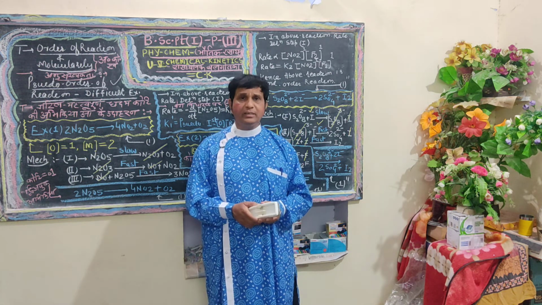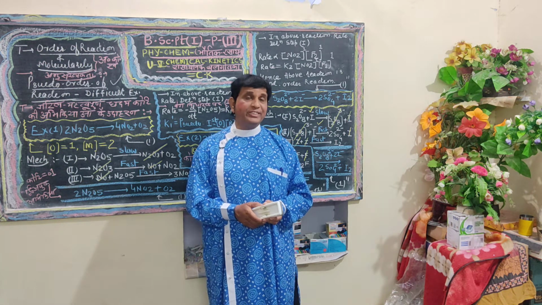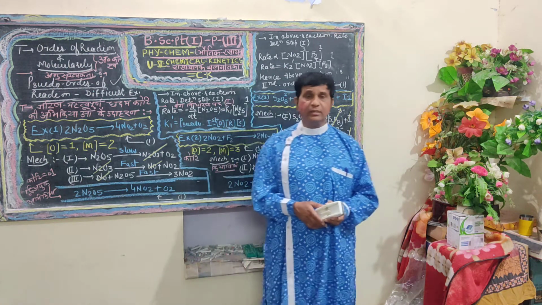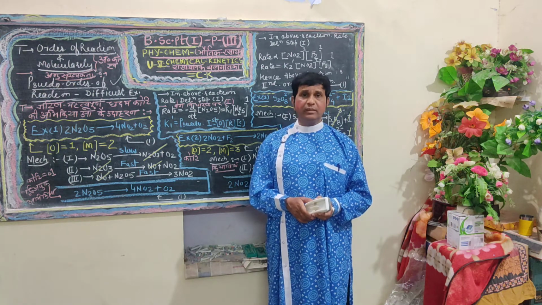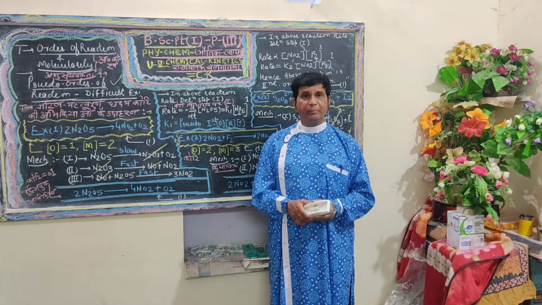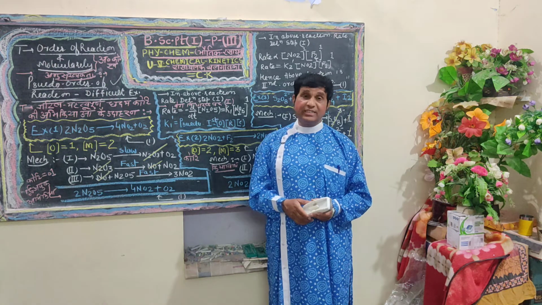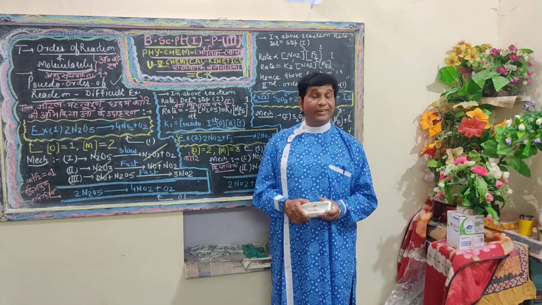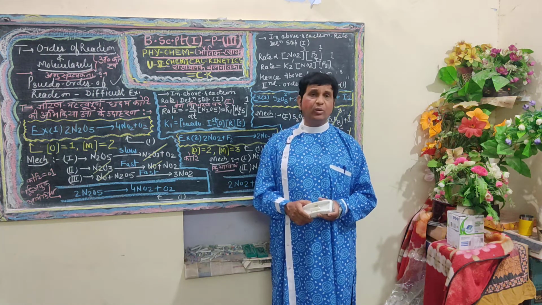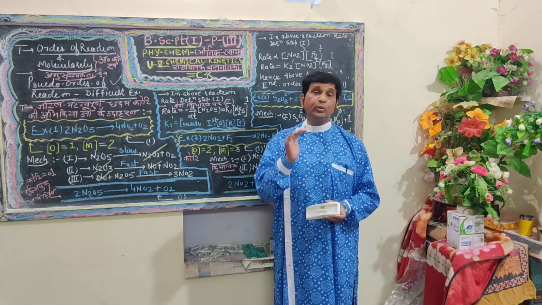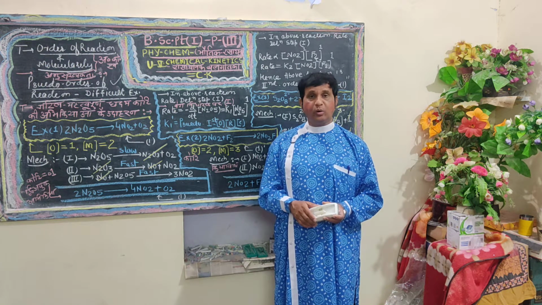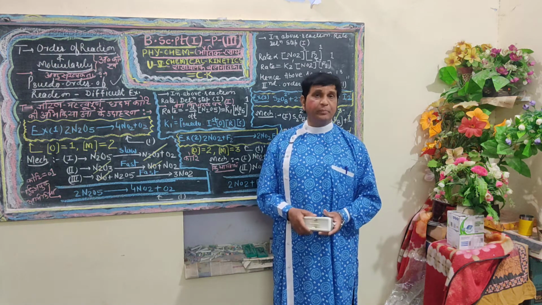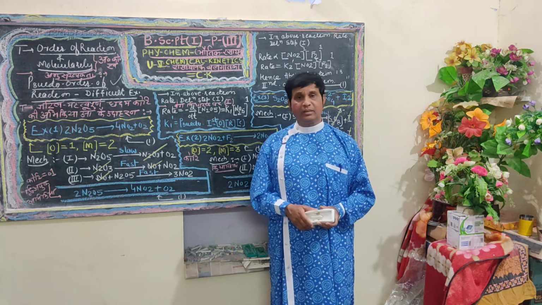In our previous video, to define pseudo order of reactions, we explained the first factor with the hydrolysis of an ester, in which ethyl acetate is treated with H2O to produce acetic acid and ethyl alcohol. Due to the excess concentration of H2O, its concentration doesn't change or affect the velocity of the reaction.